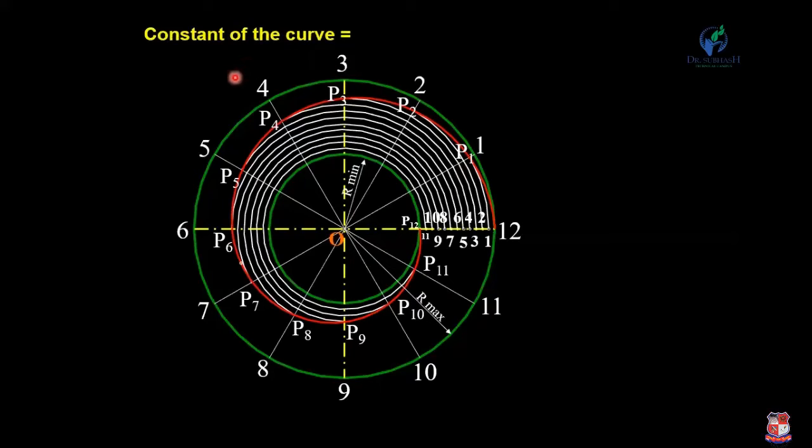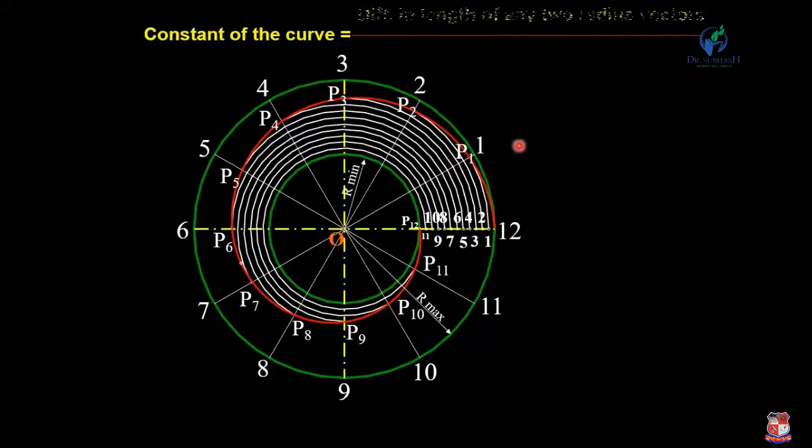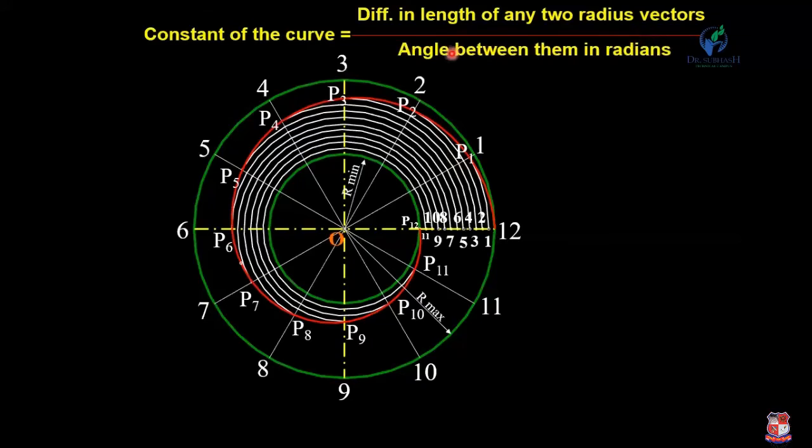Now we have to find the constant of the curve. So how to find out the constant of this curve? So the constant is the ratio of the difference in length of any two radius vectors to the angle between them in radians. Okay, so it is equal to the difference in length of any two radius vectors.